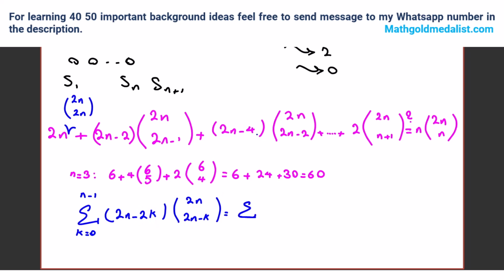So we can split this into 2 parts. 4n minus 2k times 2n choose 2n minus k plus what?